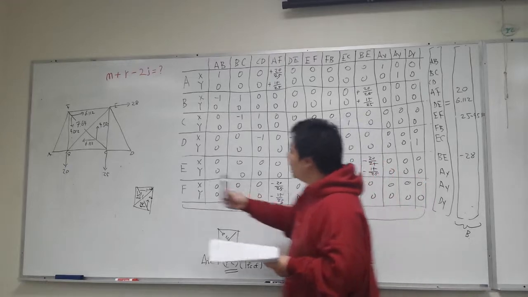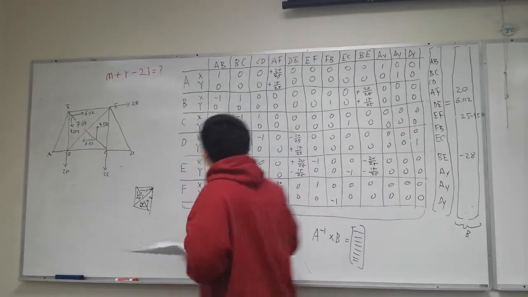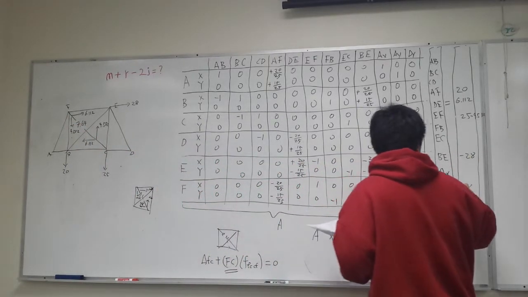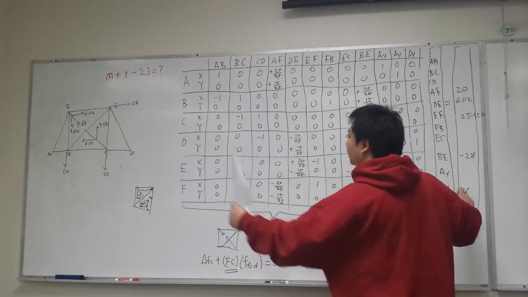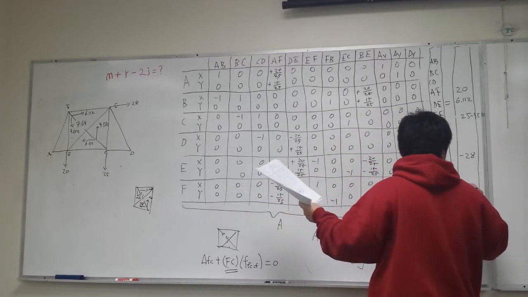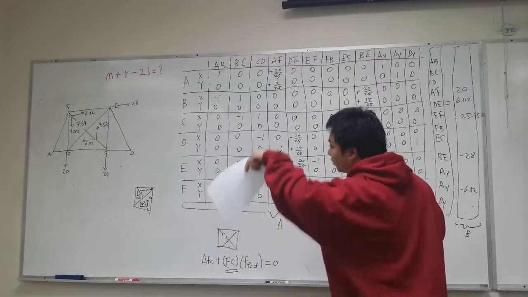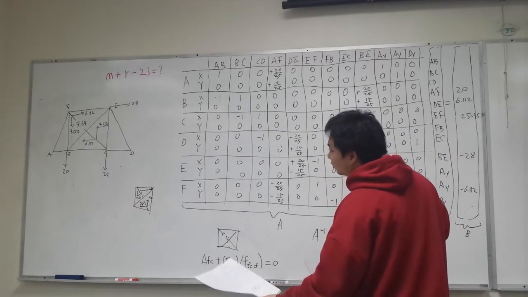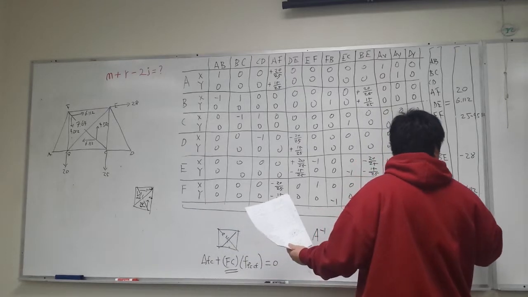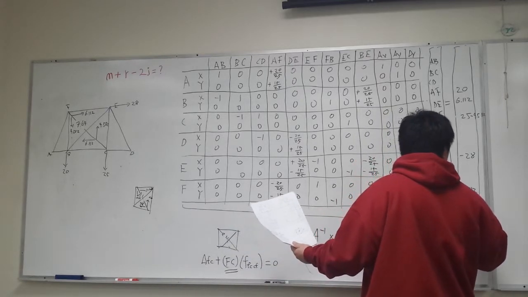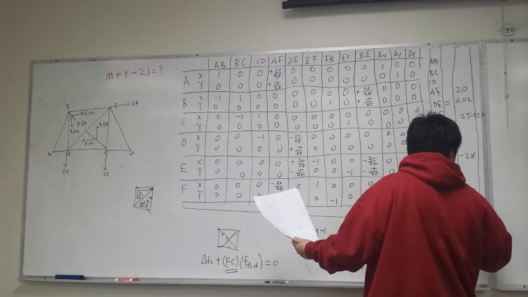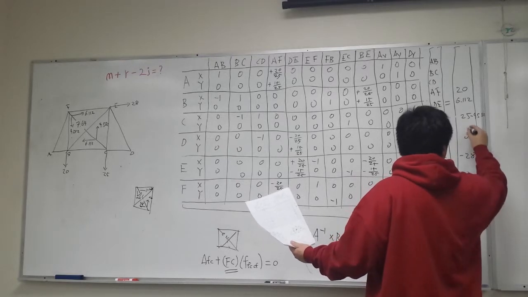And for point F, in the x-axis, going this way is positive, so you're going to have negative 6.112. And in the y-axis, going down is negative, so you have to change it to positive 4.582. And the rest is 0.